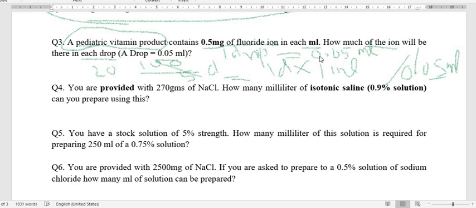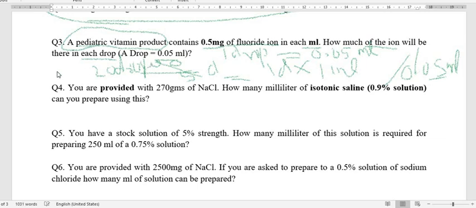How much fluoride will there be in each drop? They are asking how much is present in each drop. So a total of 20 drops is present in 1 ml.